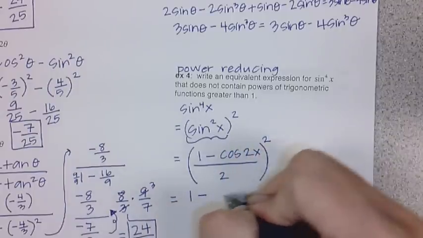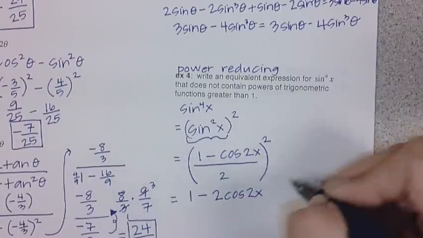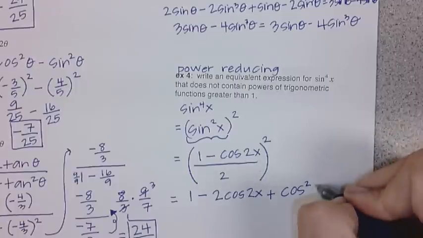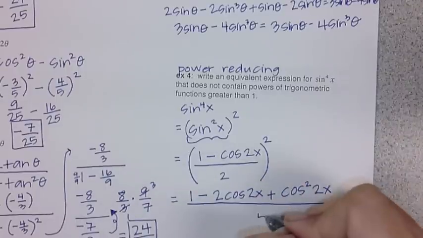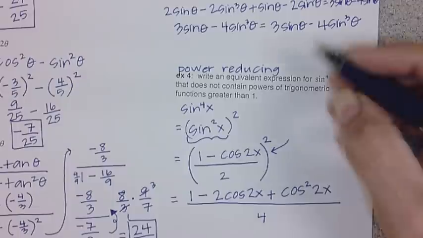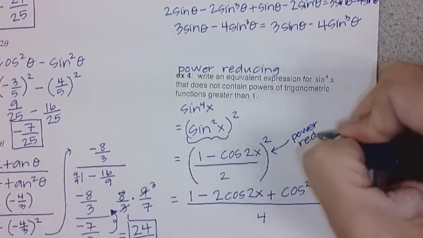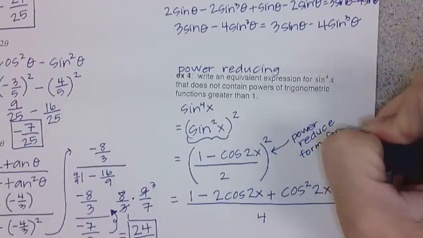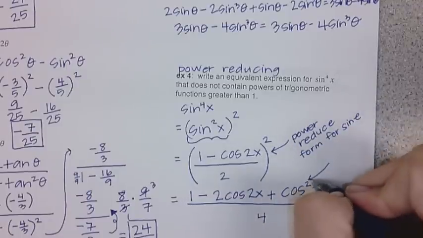So it's going to be 1 minus 2 cosine 2x plus cosine squared of 2x, I should say, all over 4. So just writing some notes here so that you can follow what I'm doing. This was the power reducing formula for sine. And then in this step right here, I FOILed.